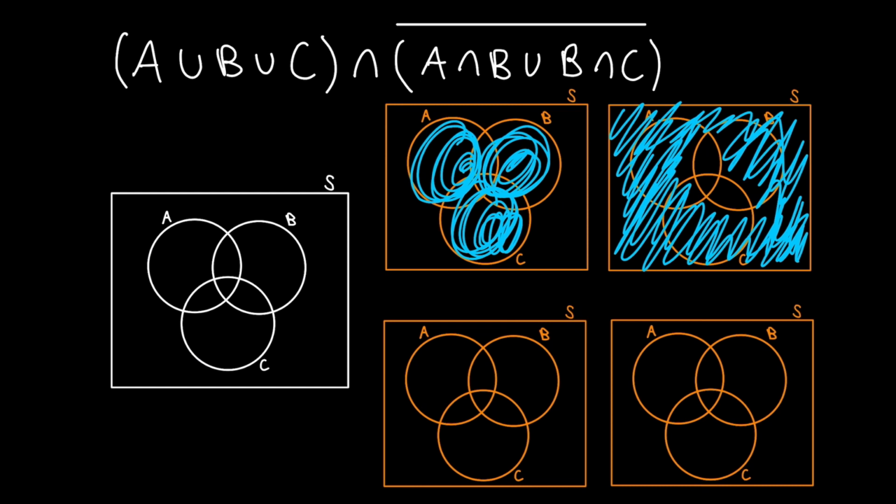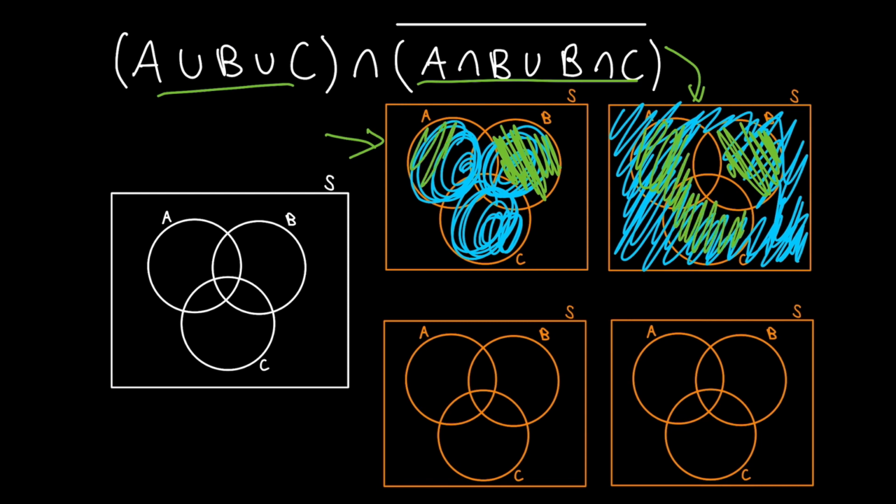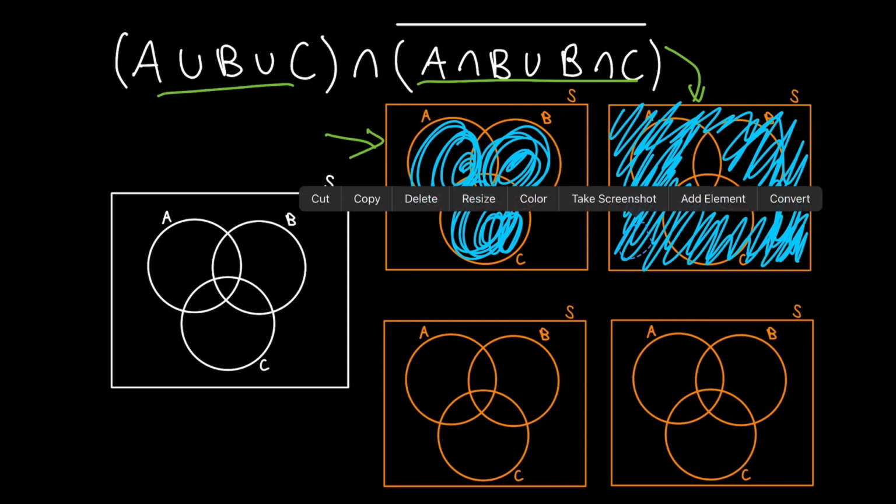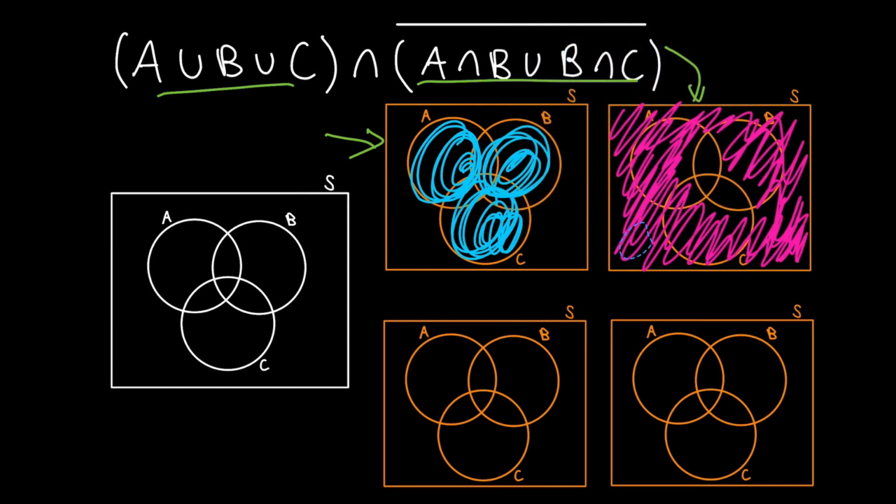Now, we've drawn this part over here, and we've drawn this part over here, and now we ask for the intersection of these two. So we're looking for what's in common. And you'll notice that this is also in this diagram over here, as well as this area. So actually a nice way to think about it is if I were to color code it. So let's make this color here a pink, and I'll transpose this diagram.